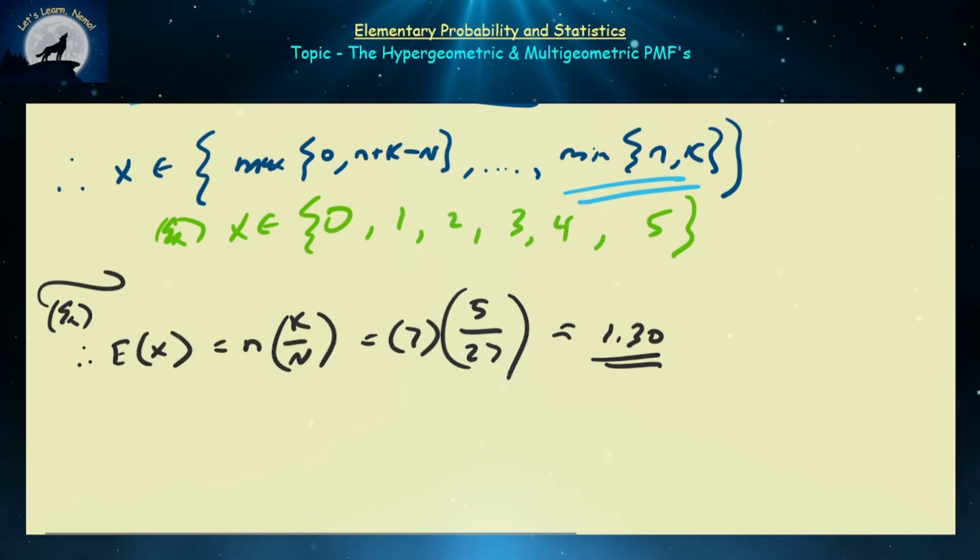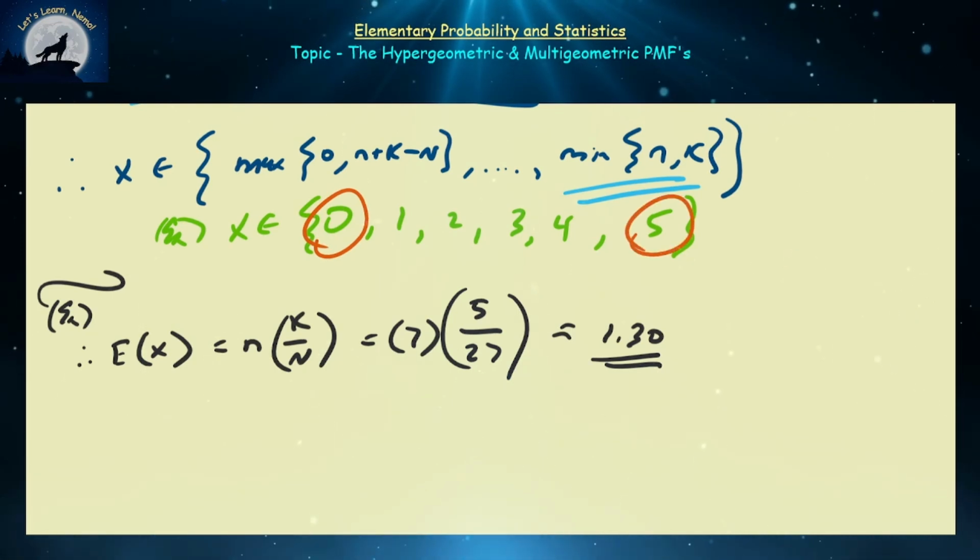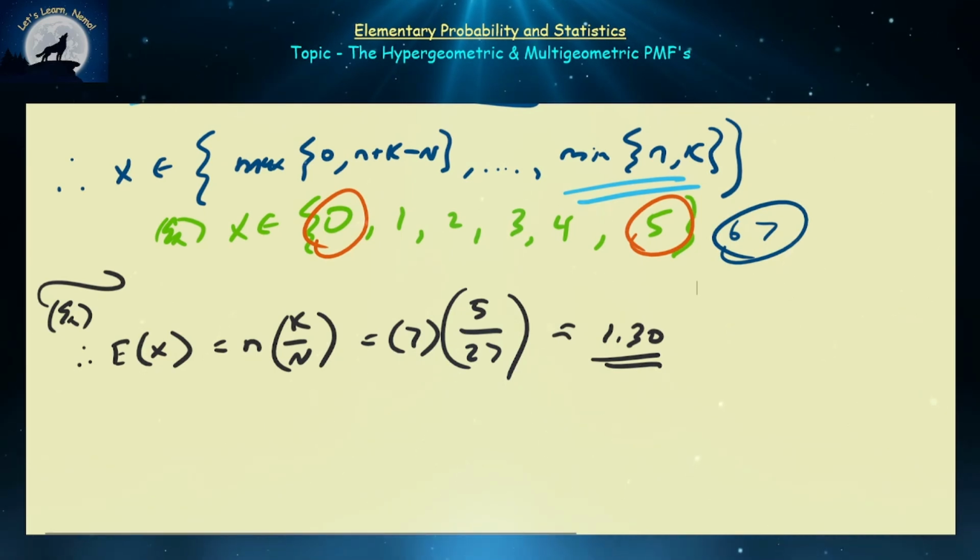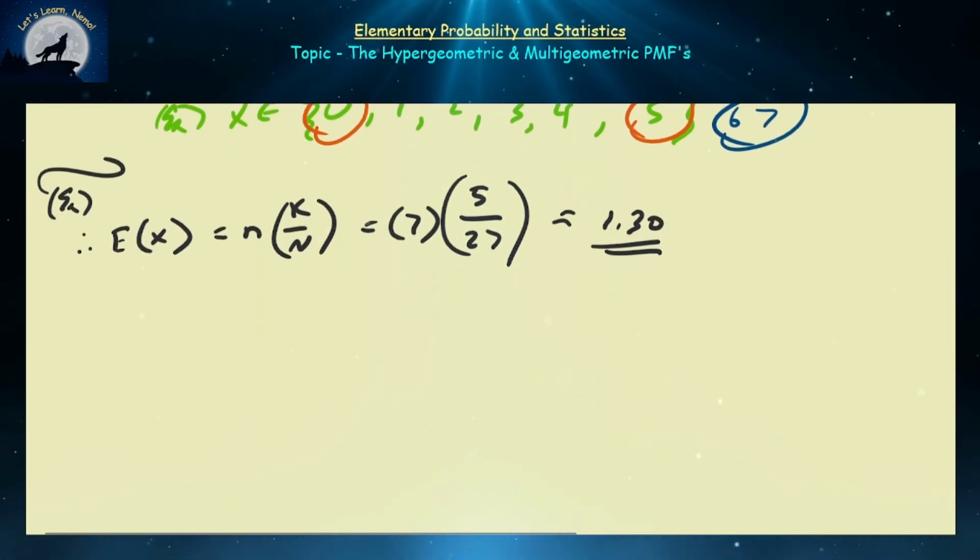Now, again, we could have 0 people in our sample that are sick. We could have all of our sample be sick. But keep in mind, our sample is of size 7. So we always will have at least 2 healthy people within our sample, because the maximum number of sick people is 5, which is the number of sick people within our population.